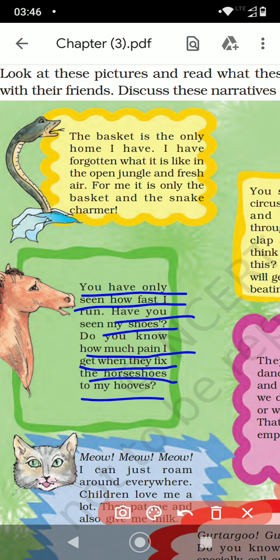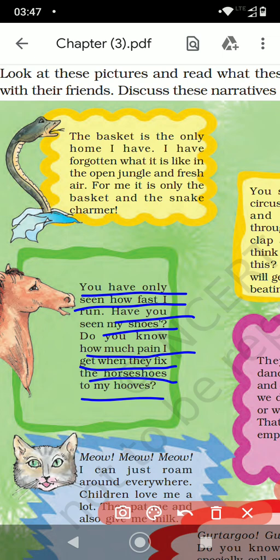Okay, they are the big nails like thing on both the feet you will see, and there they put the horseshoe, a C-shaped iron shoe like thing, and they fix it with the nail inside the hooves. It is very painful. So the horse is very sad. He said, you don't know how much pain I have to bear.